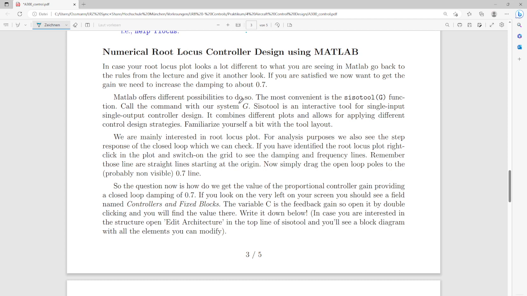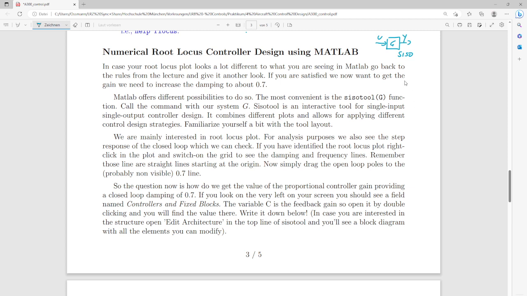Matlab offers a pretty nice possibility to design controllers which are single input, single output. Single input, single output means that you have a system with a single input and a single output. This is called a SISO system in English, a term pretty often used in control engineering.